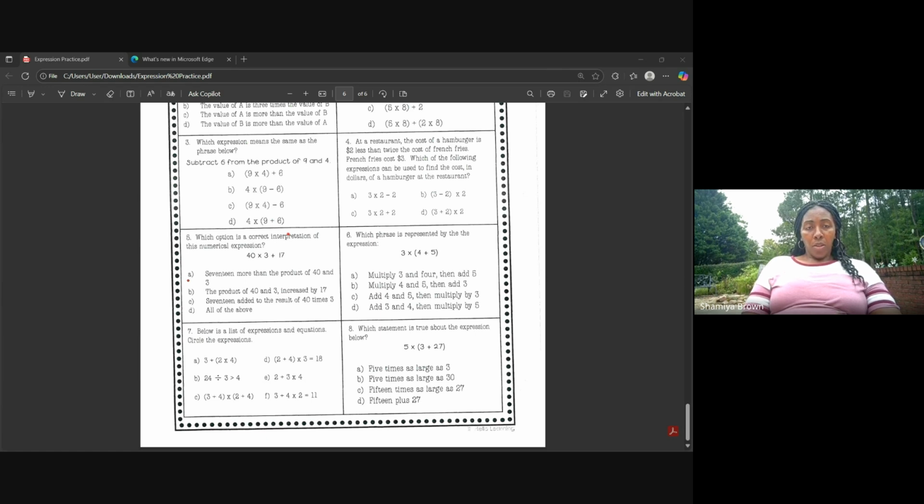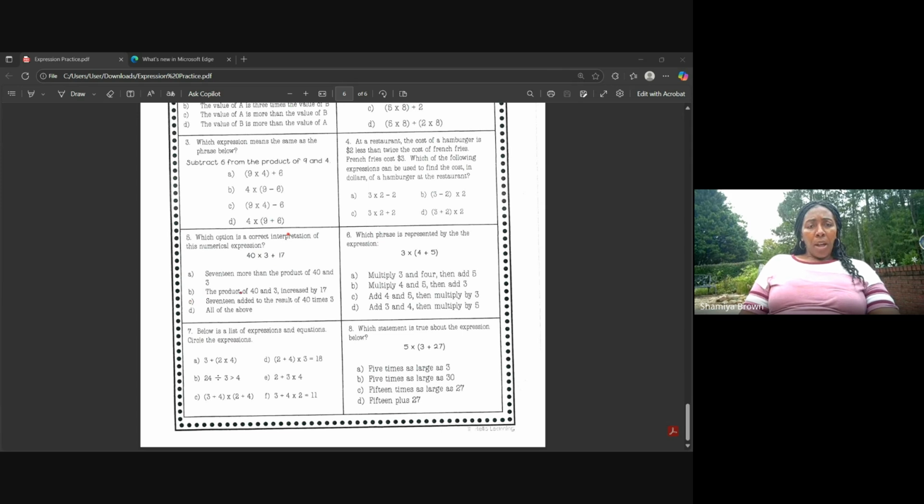Oh yes, that is true. I would have to multiply 40 times 3 to get the product, and then add 17 to that, which would be 17 more than the product. So that's my choice. But let me look at my other ones just to see.